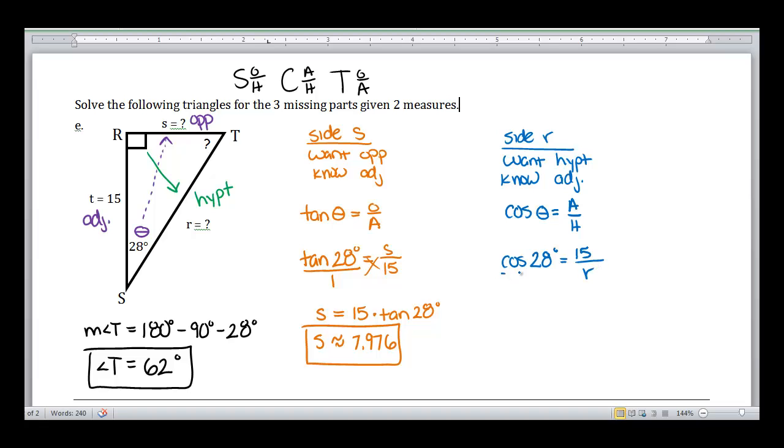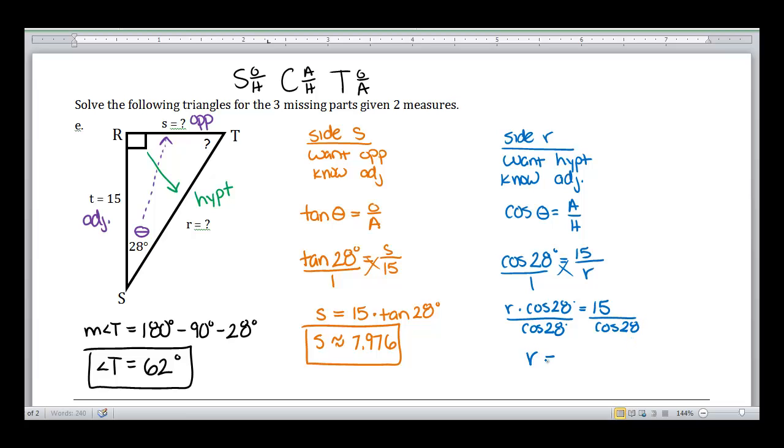Now you notice here, when I make this proportion and cross multiply, R is not isolated. So to get R isolated, since it's being multiplied by the cosine of 28, I'm going to have to divide both sides by the cosine of 28 degrees.